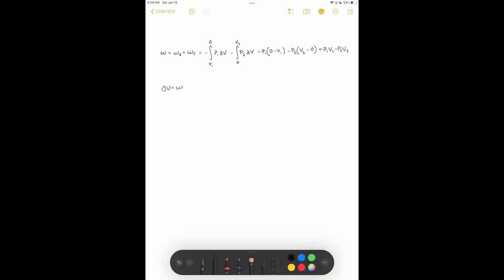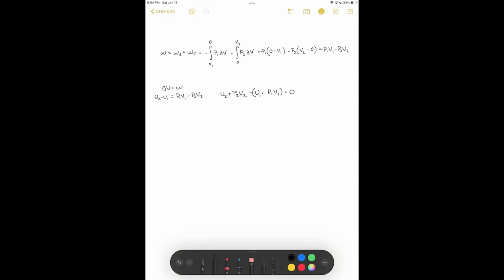So delta U is equal to the work, and delta U is also equal to U2 minus U1. So here we have U2 minus U1 is equal to P1 V1 minus P2 V2. If we rearrange this, we end up with the following: U2 plus P2 V2 minus (U1 plus P1 V1) is equal to 0.